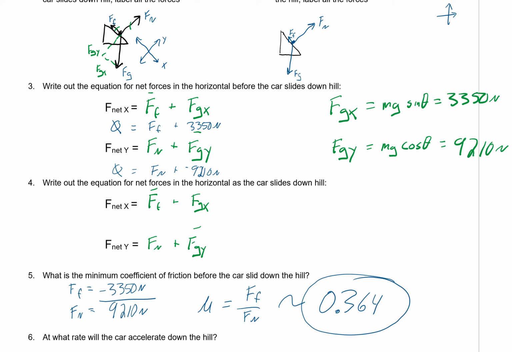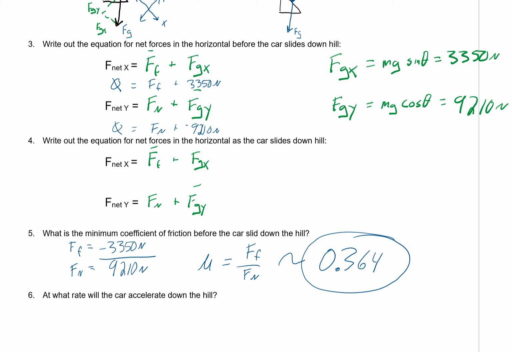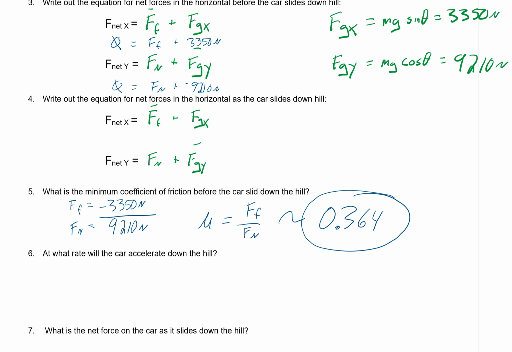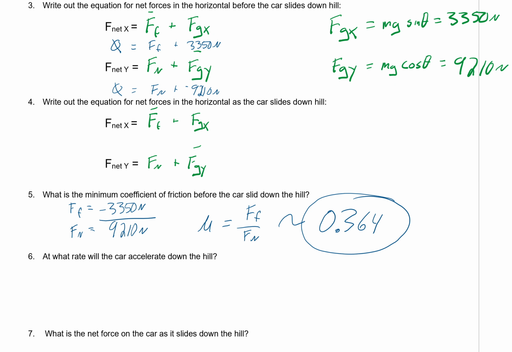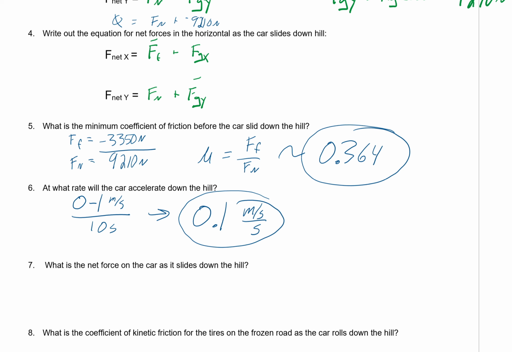That's our value for the friction without it sliding down the hill. Now it is sliding down the hill, and the problem says it goes from 0 to 1 meter per second in 10 seconds. So there's your meter per second, and if you do the math, it is 0.1 meter per second is your acceleration.